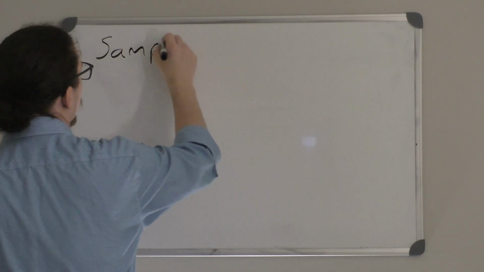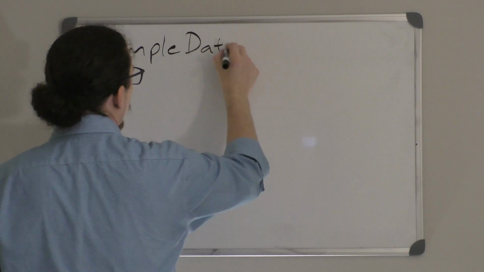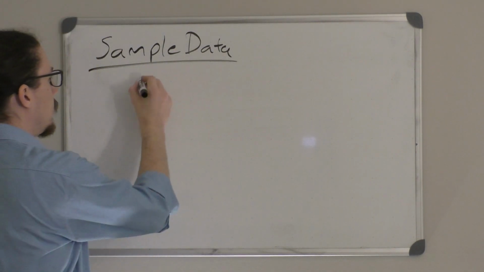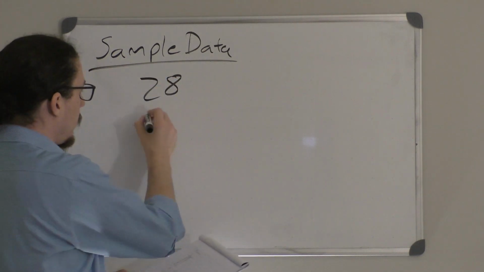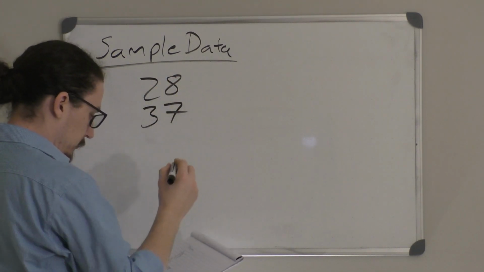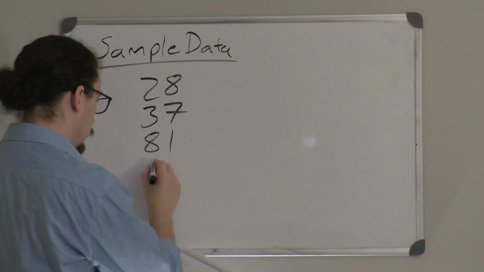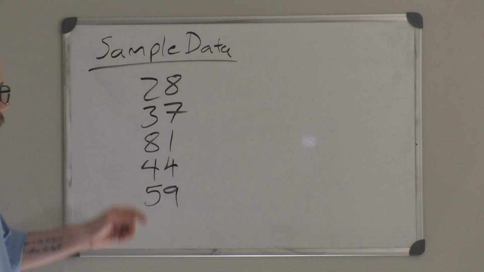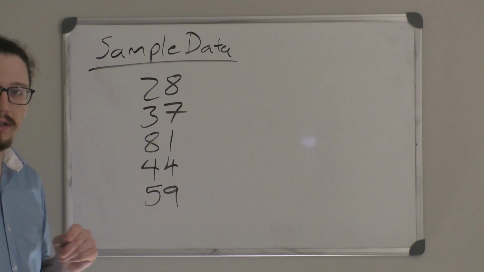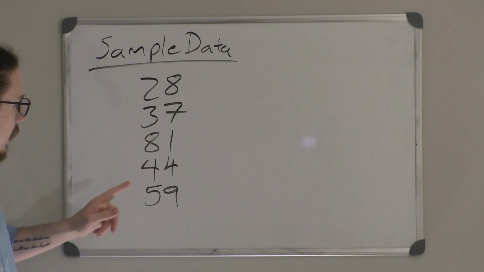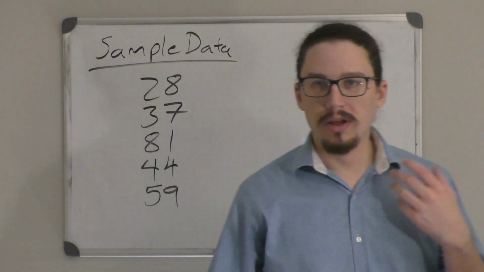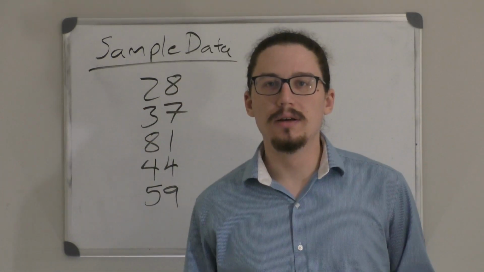Let's just say this is sample data. In this case, I'm just going to tell you, it could be anything. And let's say that this is our data. What we have here is 28, 37, 81, 44, and 59.